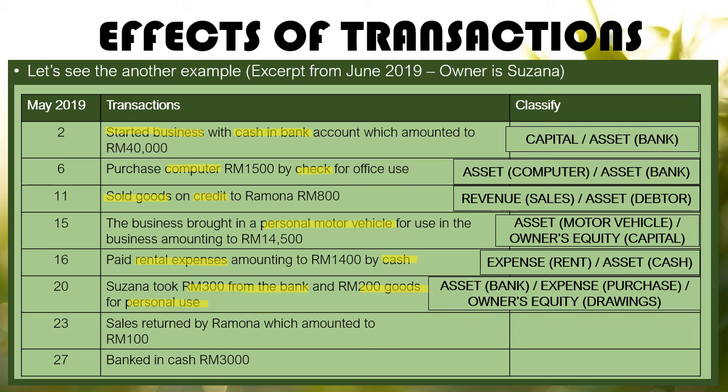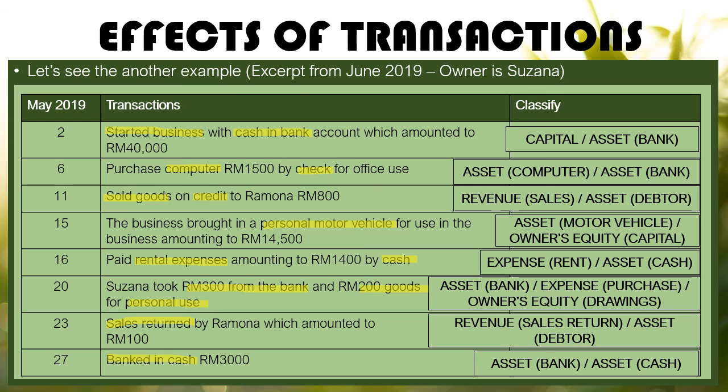Okay, sales return by Ramona which amounts to 100 ya. So Ramona tadi kita punya account receivable kan. So debtors kita berkurang, asset. Kemudian revenue kita berkurang sebab Ramona buat pulangan jualan. And then bank in cash 3,000. So cash kita bertambah, bank kita bertambah, cash kita berkurang, asset and assets.